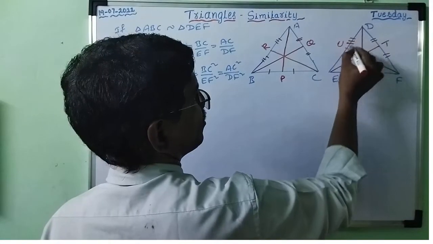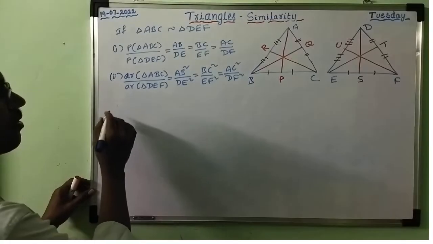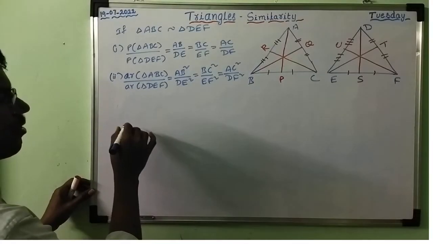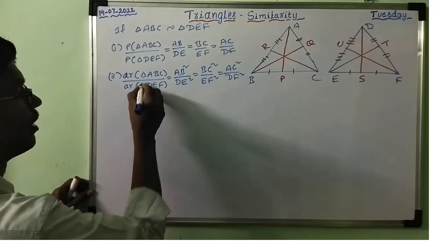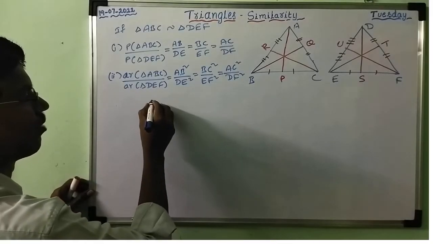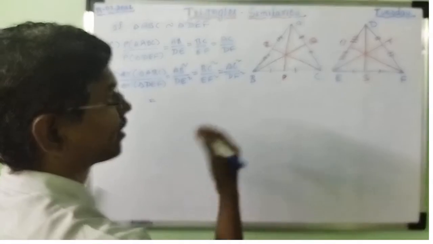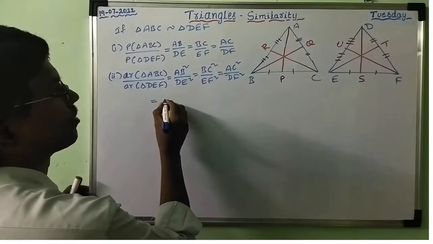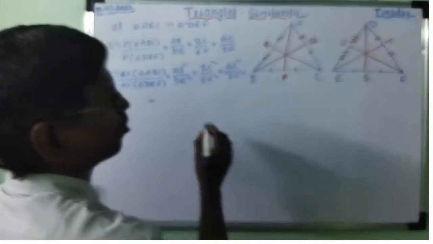If two triangles are similar, then the areas ratio is equal to, here this is one of the sub points I am writing, the ratio of squares of corresponding medians again. That means what are the corresponding medians? AP by DS whole square.